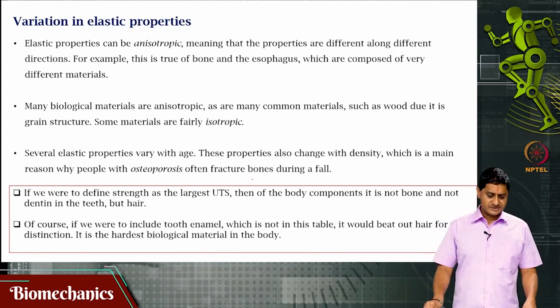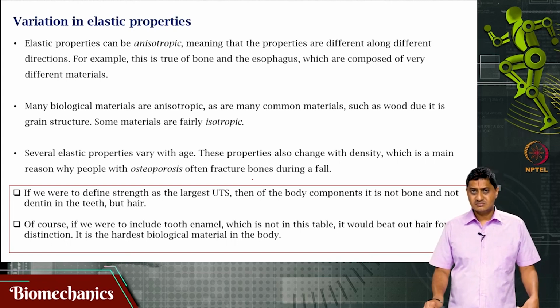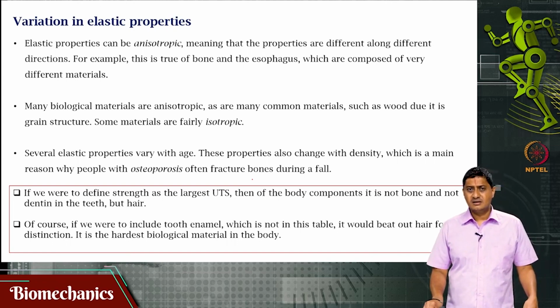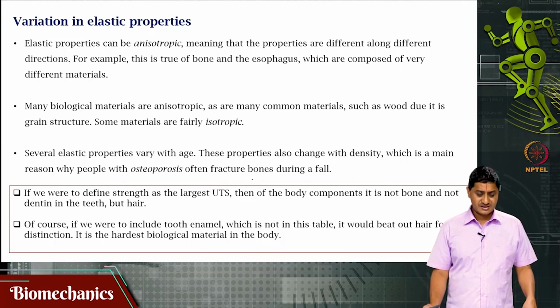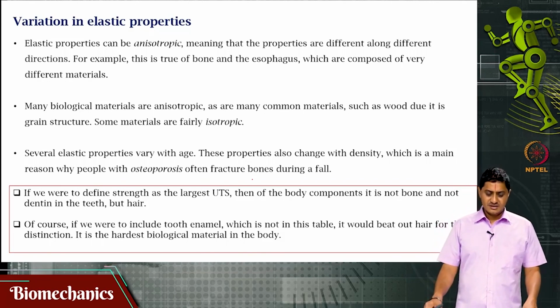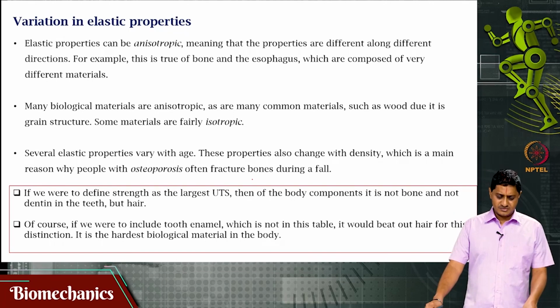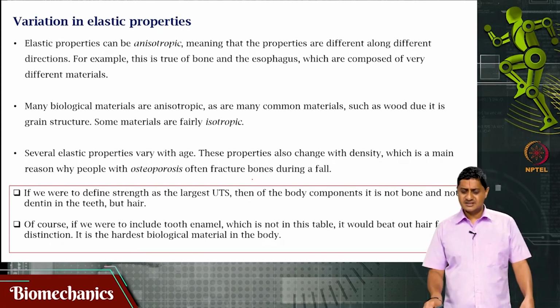It is a composite material. Many biological materials are not isotropic, as are many other non-biological materials. Wood can also be considered a biological material, actually a composite due to its grain structure. Some materials are fairly isotropic, but most biological materials are not isotropic.